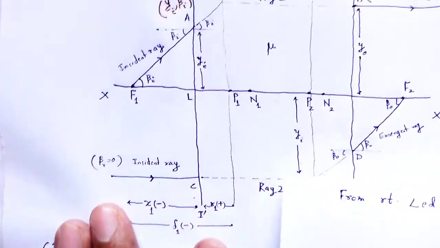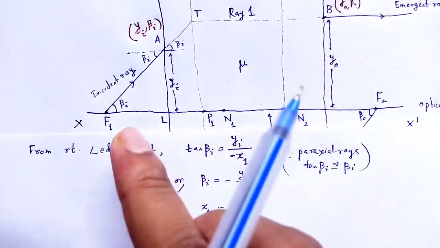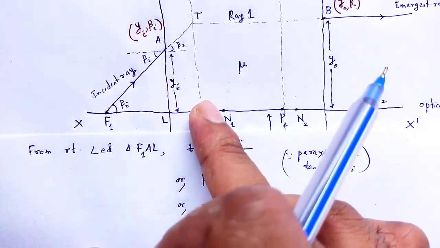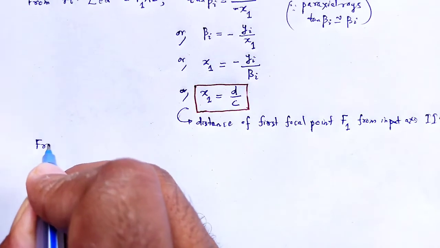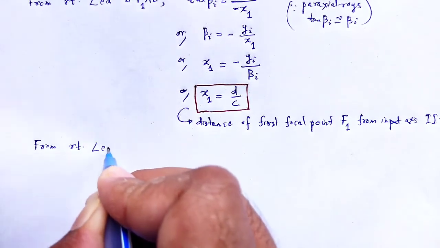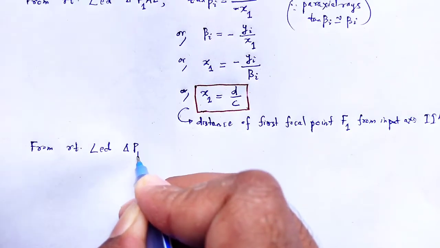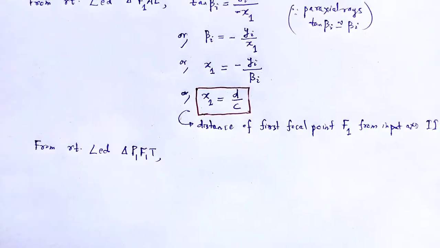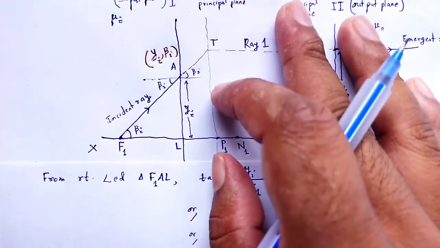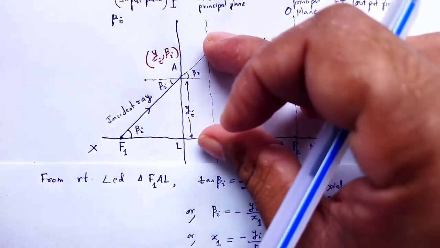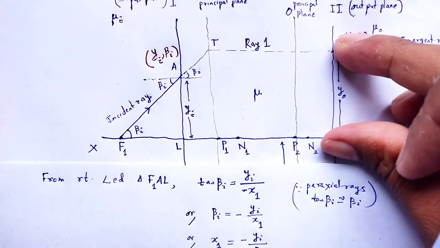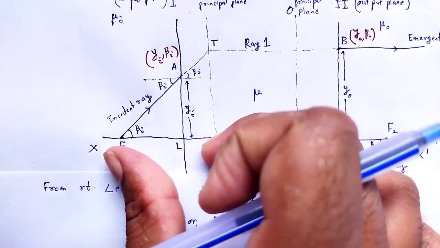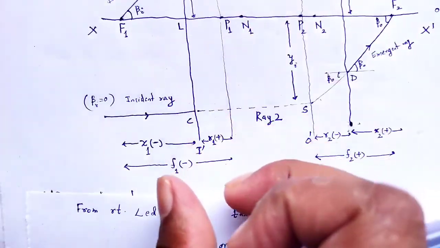Now from the triangle, look here, this big triangle F1 P1 T, from the right angled triangle P1 F1 T, if we take the tan of this angle, that is this side to that side, this side is equal to y naught, and that length is equal to the focal length f1.